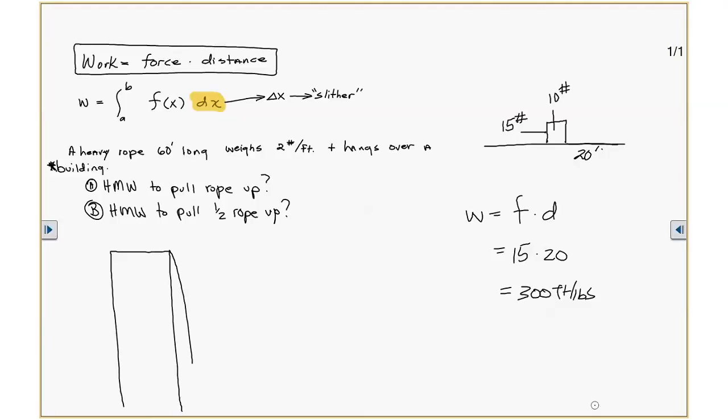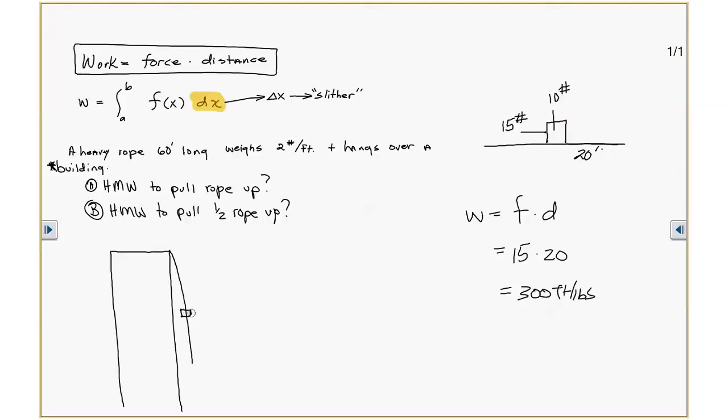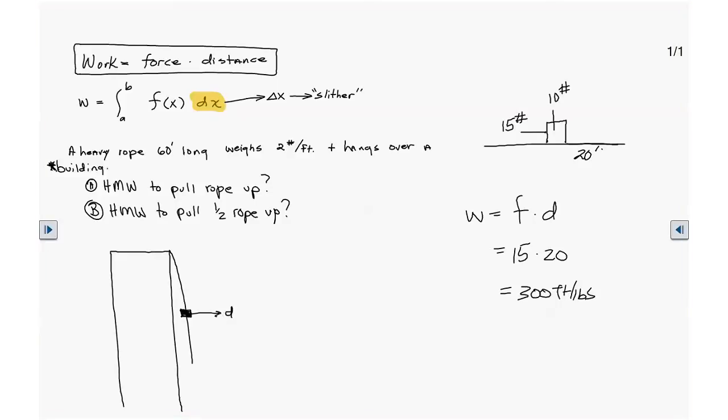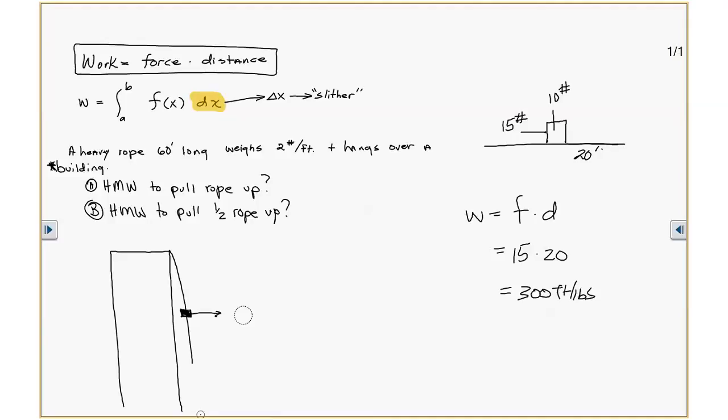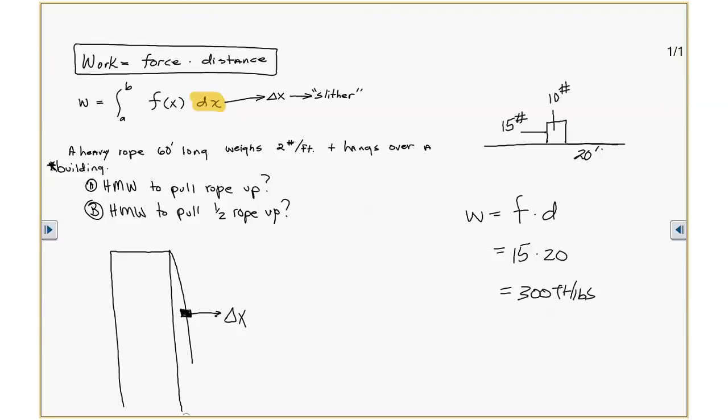The whole point of me showing you that is that you're going to take a portion of this rope and, in all your work problems, you're going to find a slither. And that slither is going to be called delta X, not dx. In most of your work problems, you're going to have a delta X. And later on, as soon as you put that delta X into the integration, it becomes what?